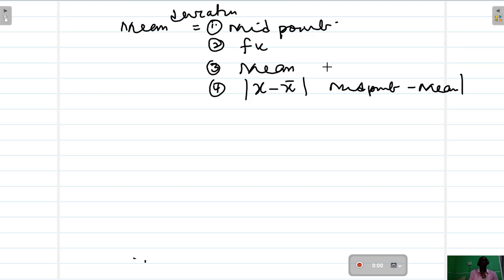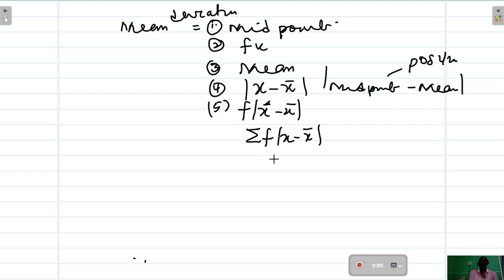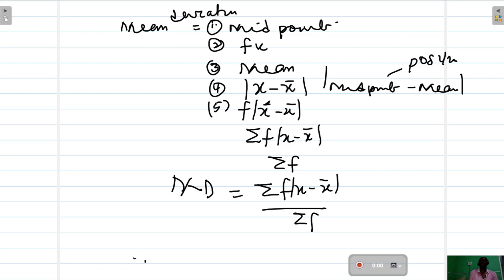In absolute terms, meaning we only need positive. From that you find f times the absolute value of x minus x bar, then you find your summation, you find your sigma f, then you use the formula: mean deviation is equal to sigma f times the absolute value of x minus x bar, over sigma f. Then you use a calculator to compute it.